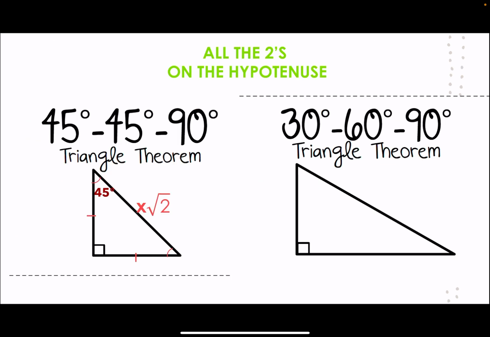So now that you have both triangles, I want you to remember all the 2's on the hypotenuse. So if it's a 45, 45, 90, you've got x square roots of 2, and both of those are congruent. Your angles are congruent. Right here, all the 2's on the hypotenuse.